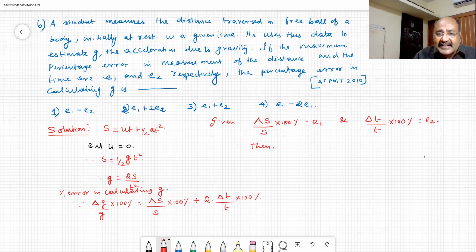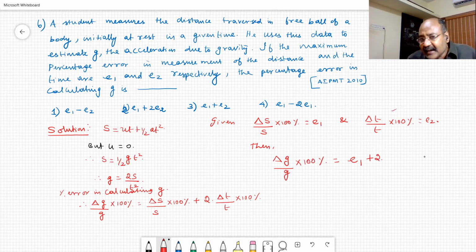Then I can take these values and substitute in the previous equation. I can get delta G divided by G into 100% is equal to, instead of delta S by S into 100%, I can substitute E1 plus, again you are getting 2 into delta T by T into 100%.